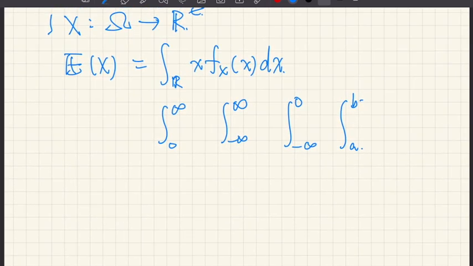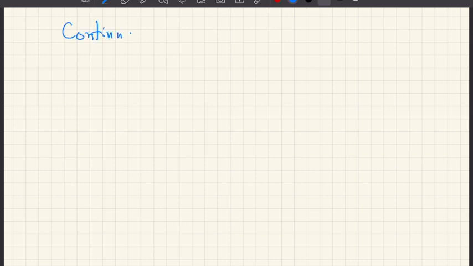Okay, and let's define a uniform distribution at this point, the continuous uniform distribution.